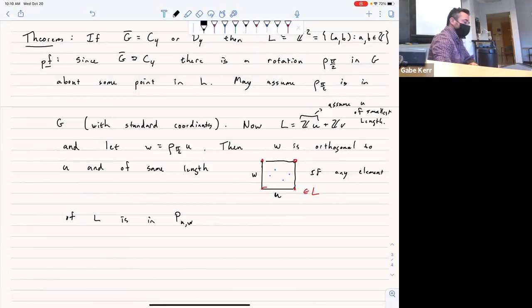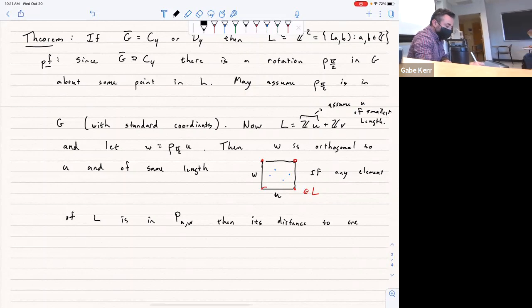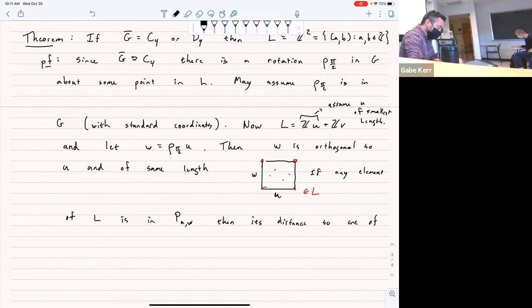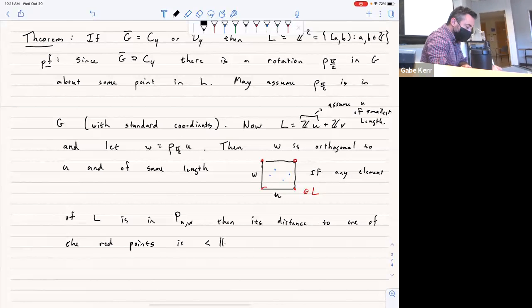So I'm sorry, I forgot to say that. If any blue element, any other element of L, is in this square, then its distance to one of the red points is strictly less than the length of U. You can just take the circles and see what that's like.